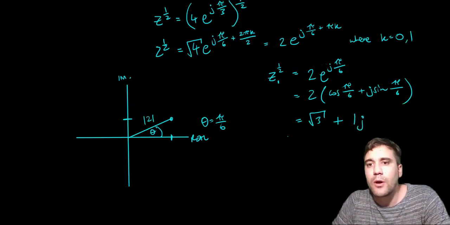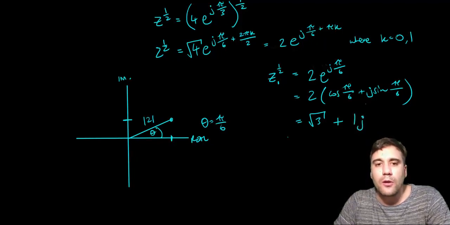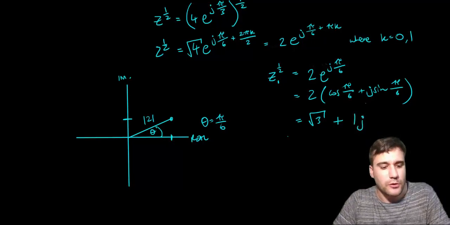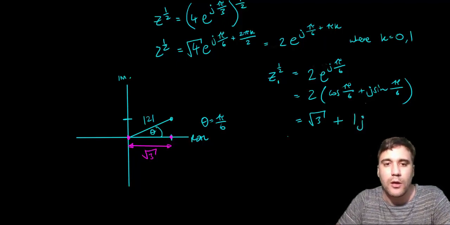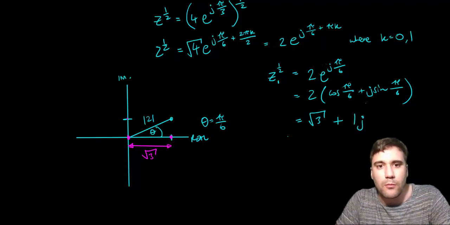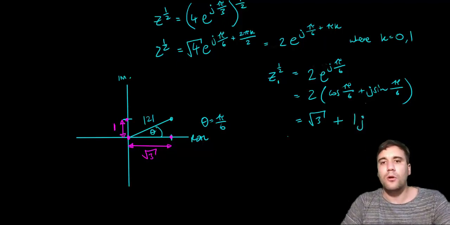So it turns out that cosine π/6 times 2 is root 3, and sine π/6 times 2 is 1. So that means that from here to here is a length of root 3, and from here to here is going to be 1. So that's one of the roots.